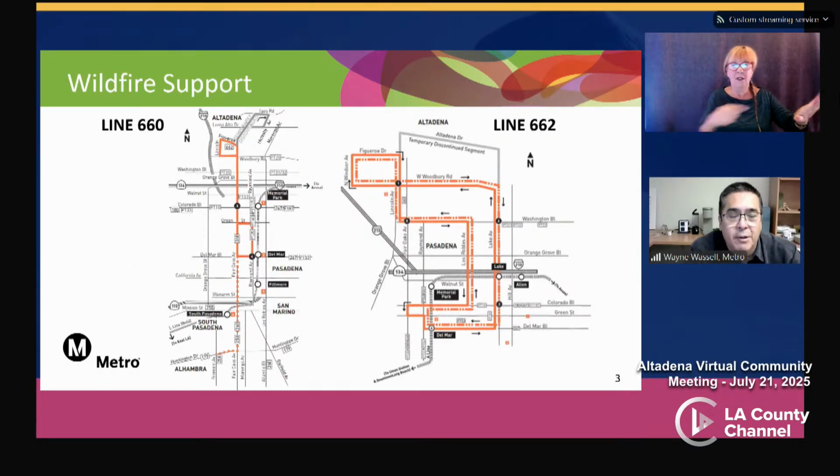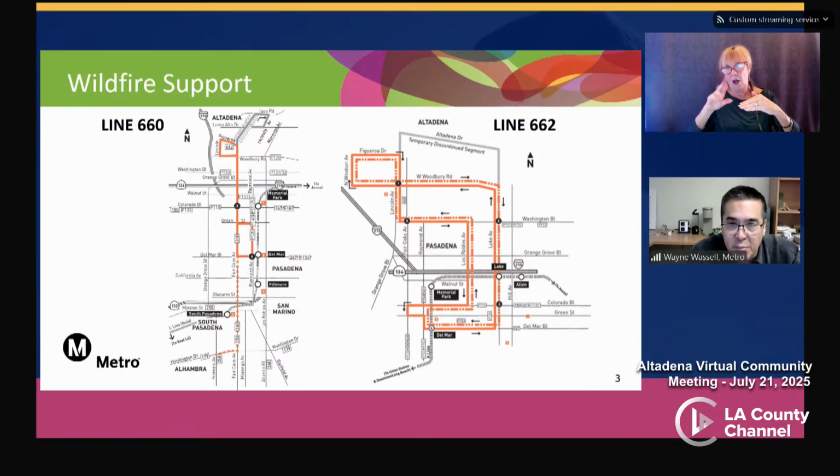Next, there you go. So line 660 today, while the regular route actually operates between Loma Alta Drive and Fair Oaks all the way down to Del Mar for most of the day, and a couple of trips late at night when the 260 is not operating down Huntington Drive. Currently now, because of the scheduled detour, it doesn't travel, like I said, north of Woodbury. So it turns around at Woodbury and Fair Oaks.